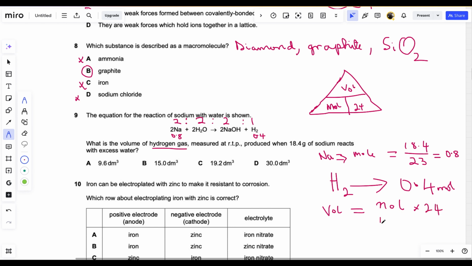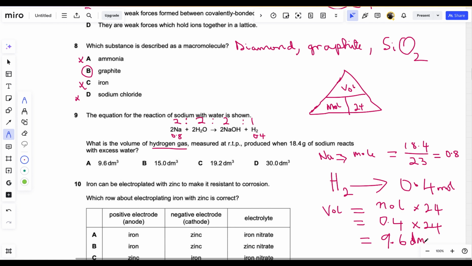The mole is 0.4, so 0.4 times 24, what do we get? 9.6. So we get 9.6 decimeter cube. Remember, we are doing it in decimeter cube, that's the unit of volume.